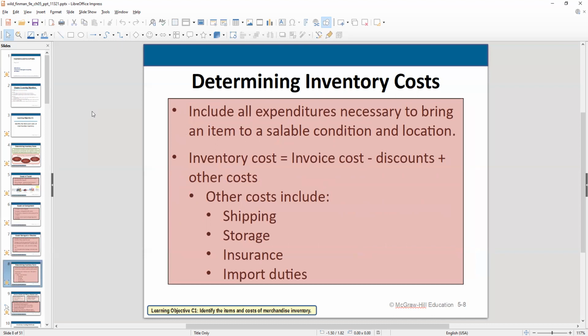Now, in determining inventory costs, you have to include all costs that get that item ready for sale. Let me give you an example. Let's say you own a bike shop. And so when your bicycles come in, they probably are disassembled. So you have to have an employee put them together, and maybe they're bare bones. So you have to put a seat on them.